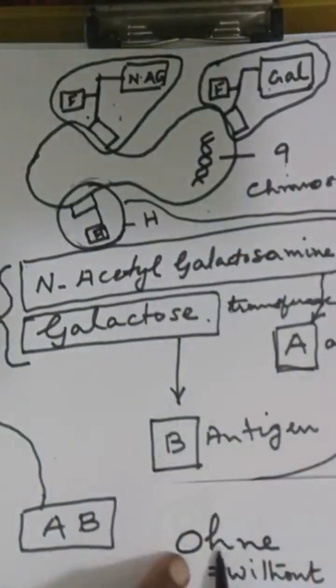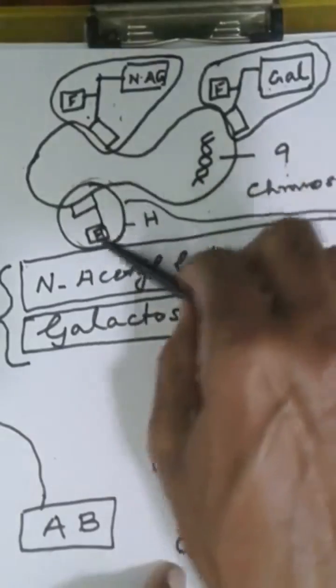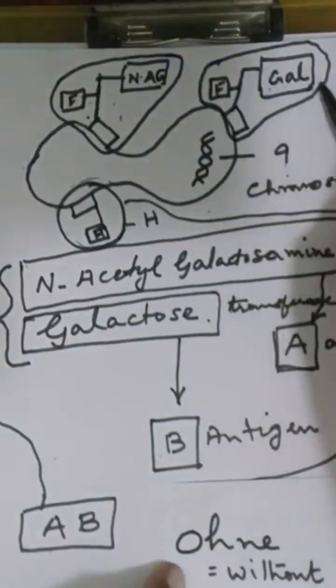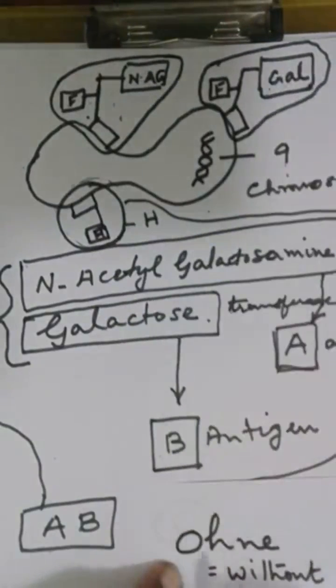So OHNE in German language means without. So H substance remains there without NAG, without galactose. That is why and how the O group came. That O means this O.